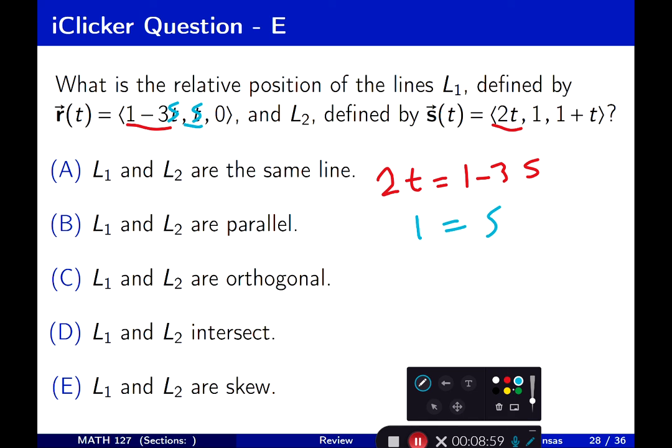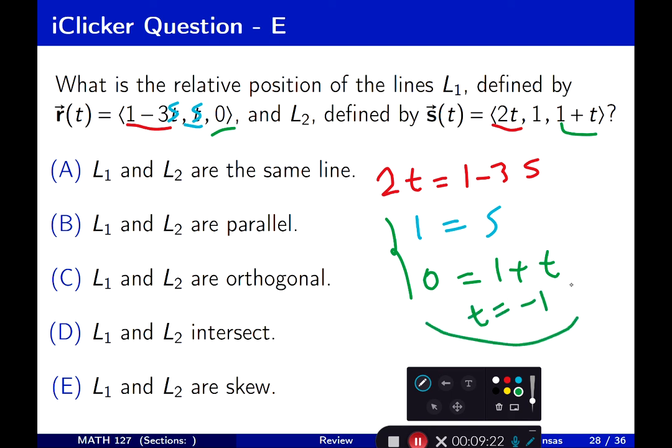And then the last part is the z values: 0 is equal to 1 plus t. Solving from here, these two are the easy ones: s equals 1, t equals -1.